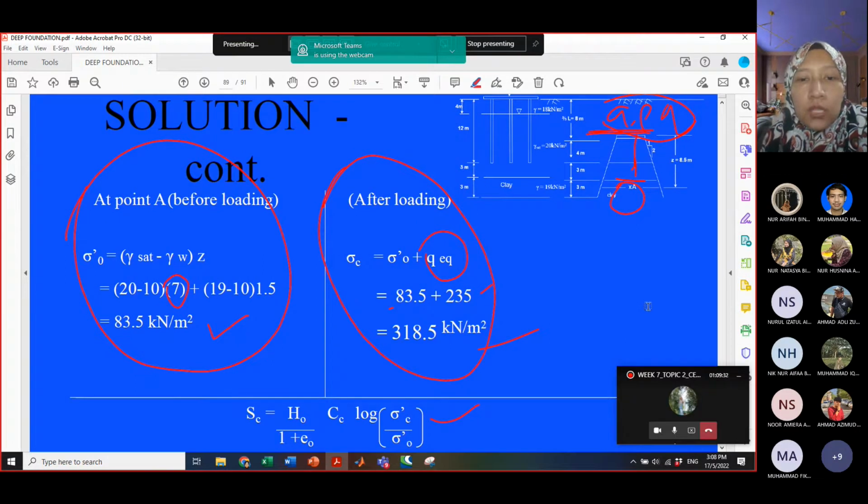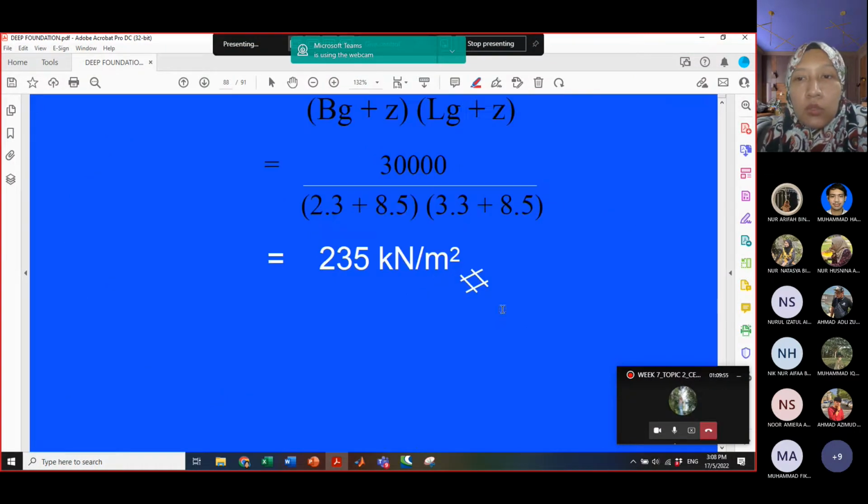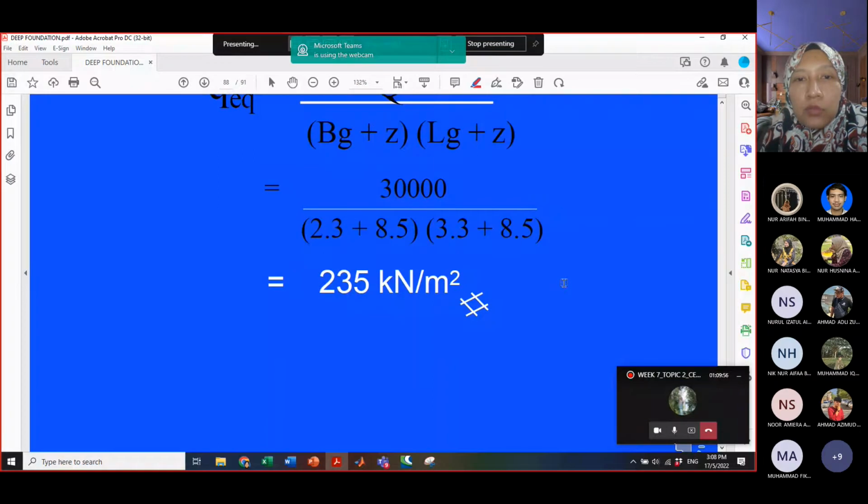In this case it gives you one example where the delta sigma V, or the change in stresses, can be seen from the loading you apply before and after the changes. The change itself is significant, coming from the group of piles, where this QEQ is the QEQ we estimated from here.